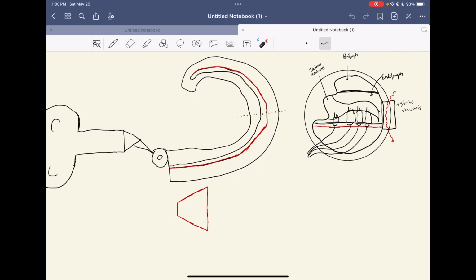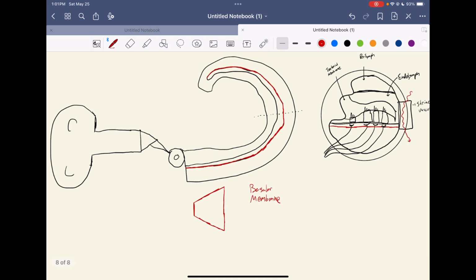This red line that I've drawn is the basilar membrane. When a sound hits our ear here and starts to propagate sound waves inward, it reaches the tympanic membrane, which is called our eardrum, which sits right there, and it starts to vibrate the three parts of the inner ear.